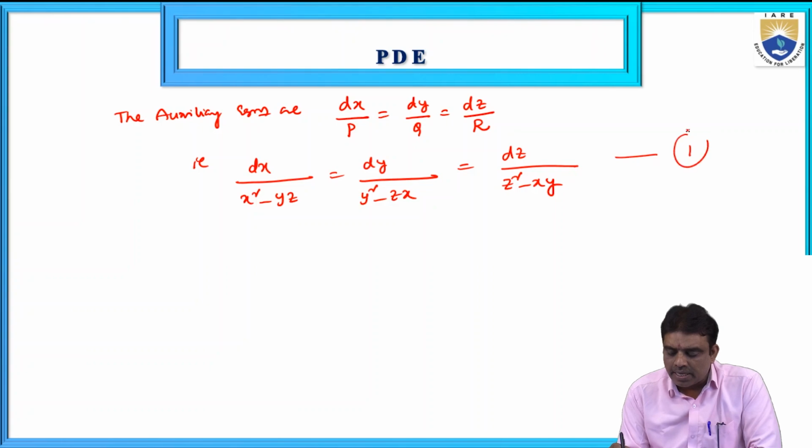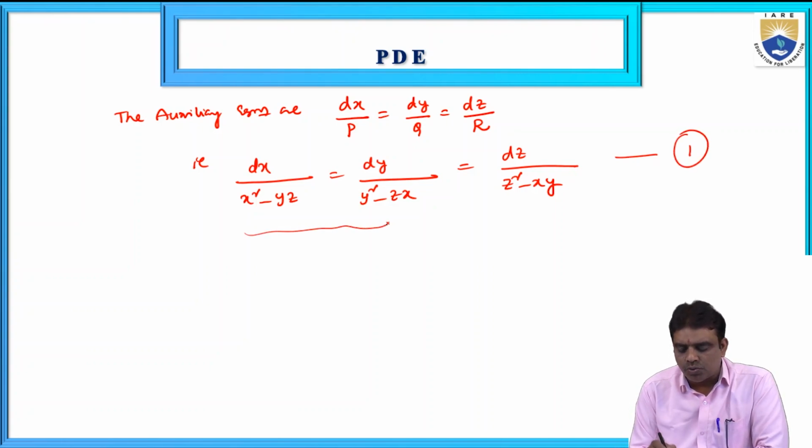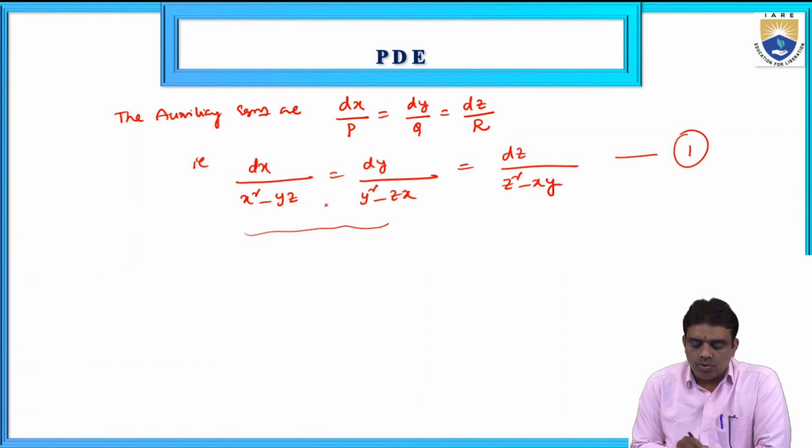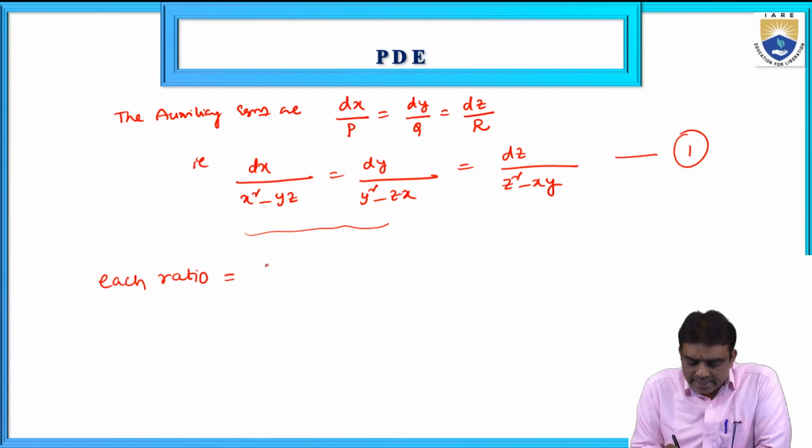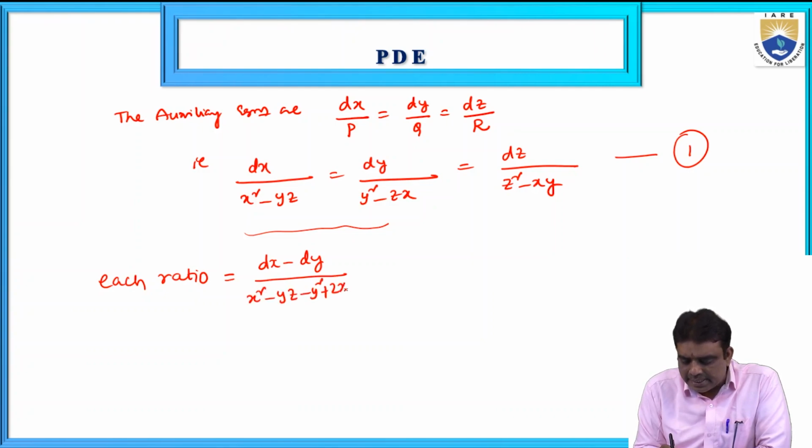So from this, suppose we consider the first two, we cannot get any solution directly. So I am using here, I can write each ratio is equal to dx minus dy over (x² minus yz minus y² plus zx).